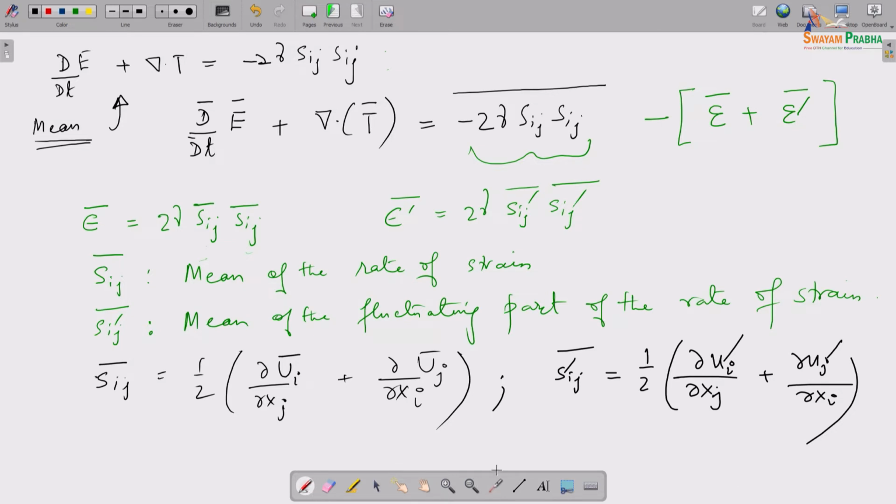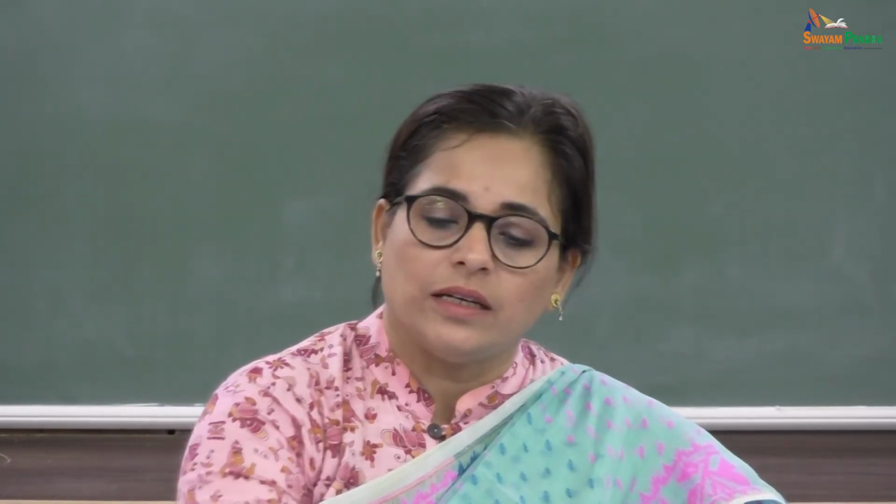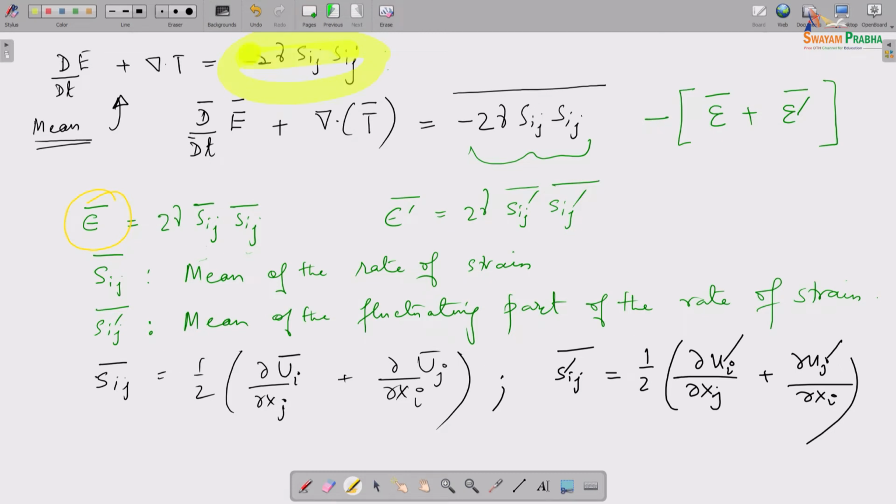Well, by experiments, it's been found that the mean of the rate of strain, as we've seen just now, if we integrate this, the right hand side is representing the viscous dissipation through which mechanical energy is being converted to internal energy.